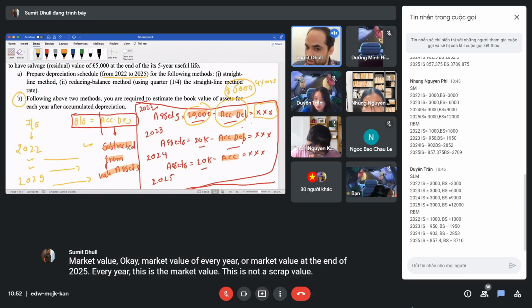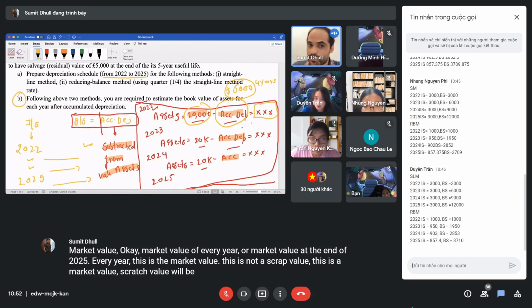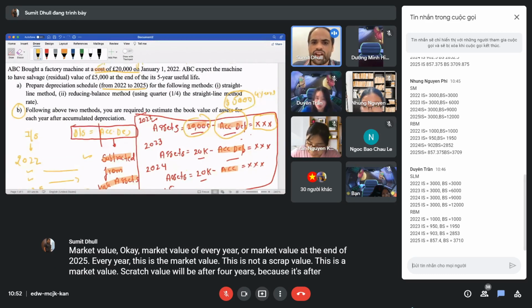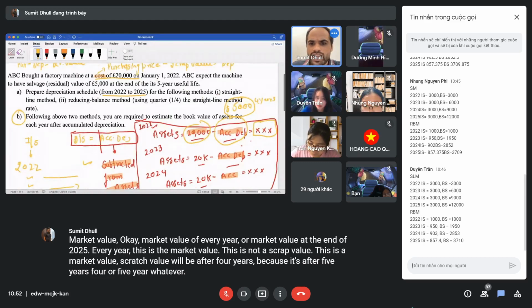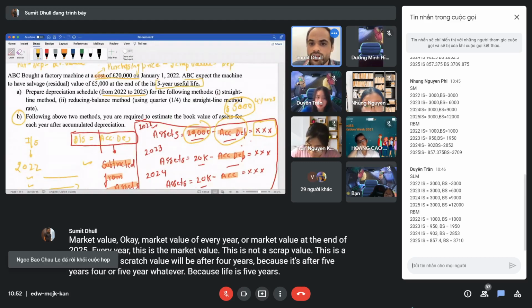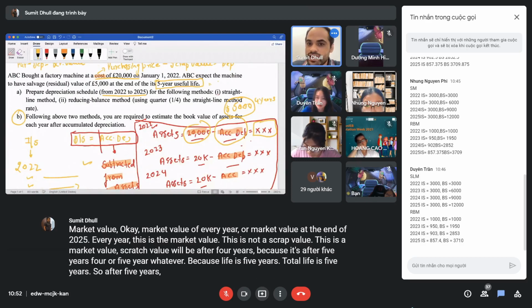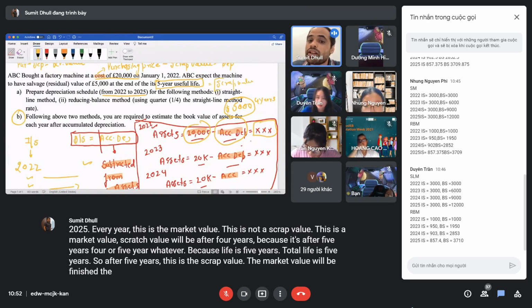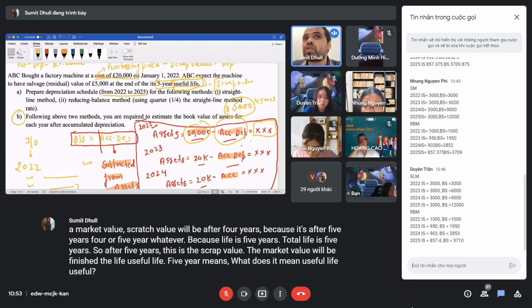Scrap value will be after 5 years because the total life is 5 years. So after 5 years, this is the scrap value. The market value will be finished. What does useful life mean? Useful life means you can use it for 5 years.